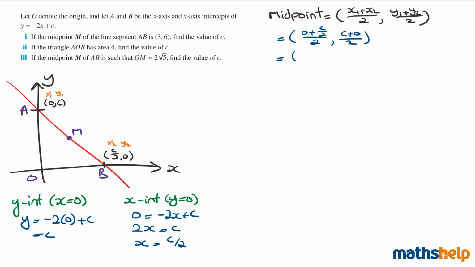And if you simplify this, you're going to get c on 4 and c on 2. So the coordinates of the point M is c on 4 and c on 2.